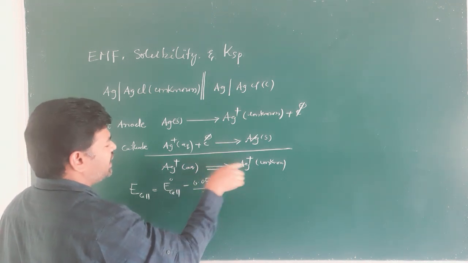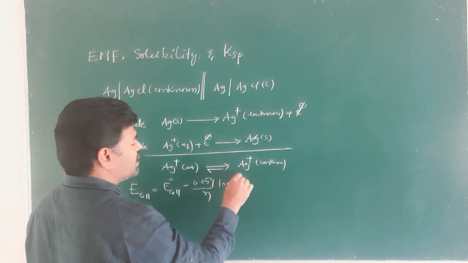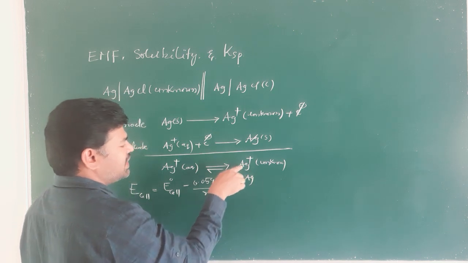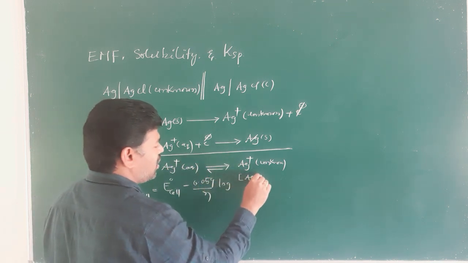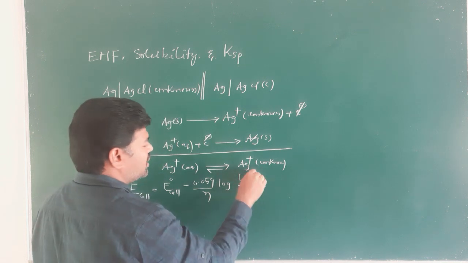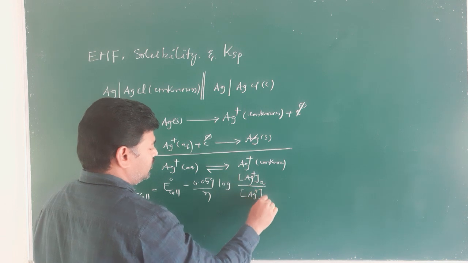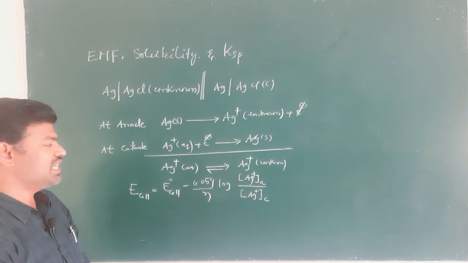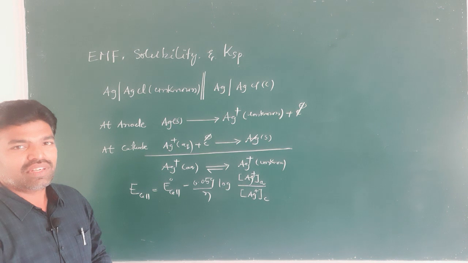It is a reversible reaction, so in the log we write the equilibrium constant for this reaction, that is concentration of Ag plus at anode by concentration of Ag plus at cathode, right. So this is the Nernst equation, the equation for EMF of a cell.